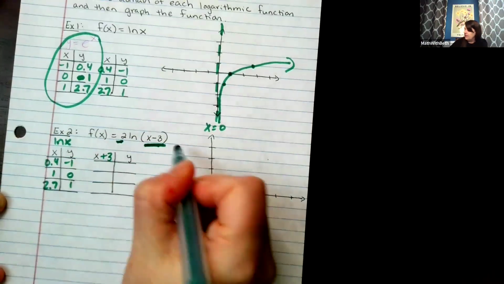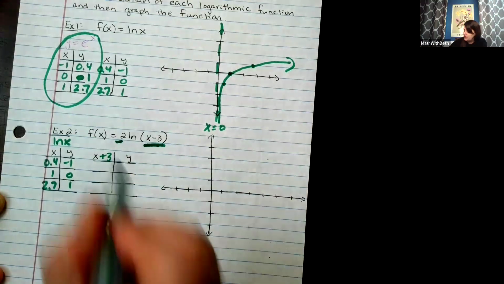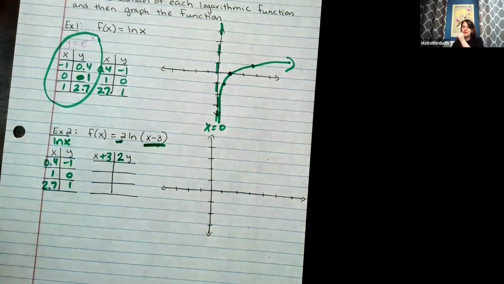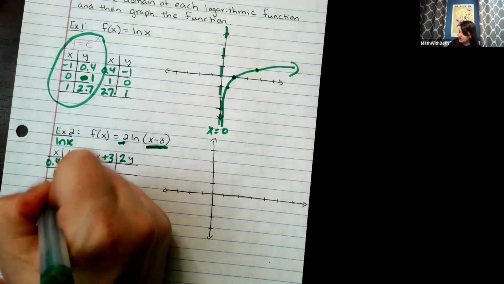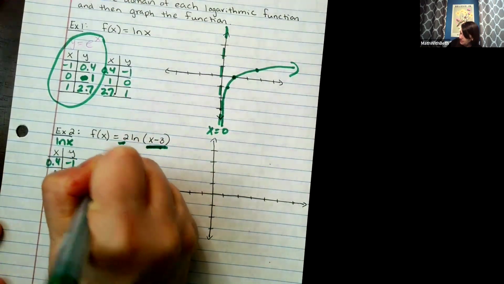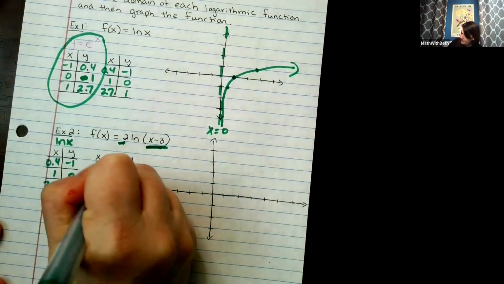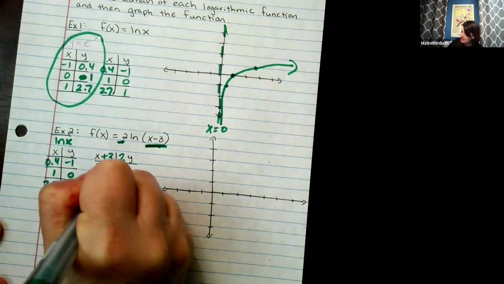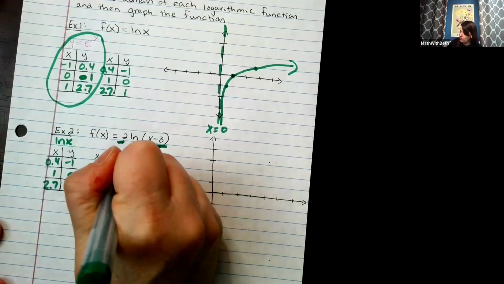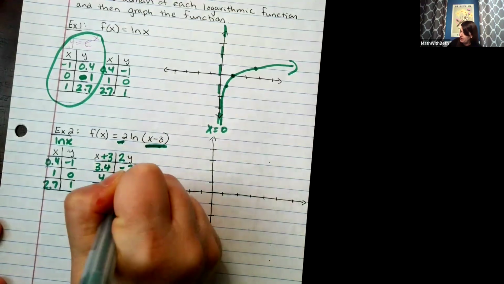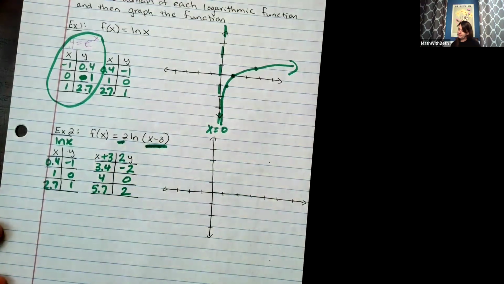Anything out here, or if there was something out back being added or subtracted, is going to affect the y's, and we don't do the opposite. So take all of my old x's and add 3. And take all of my old y's and multiply by 2.